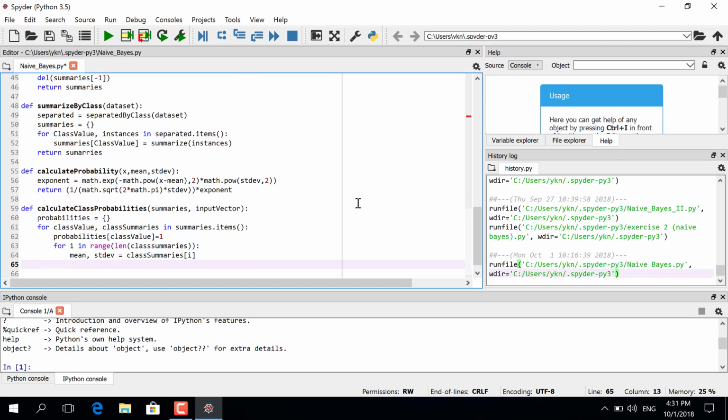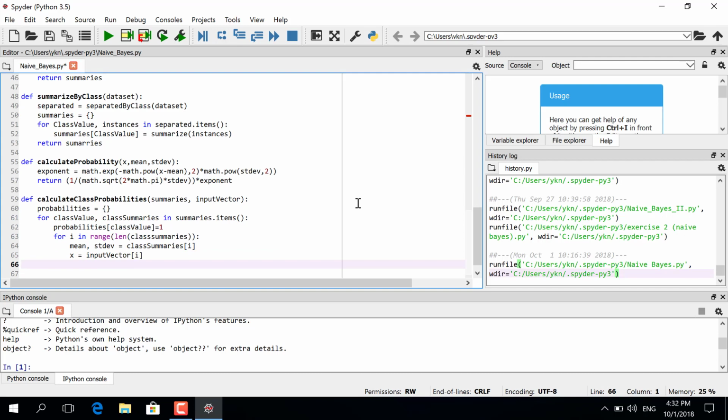And we have to define what the class summaries i is. So we have x equal to input vector of i. Because we need to calculate the class probabilities for +1 and -1 with the input vector coming from the independent variable x, and therefore the input vector has i number of inputs coming from the independent variables.